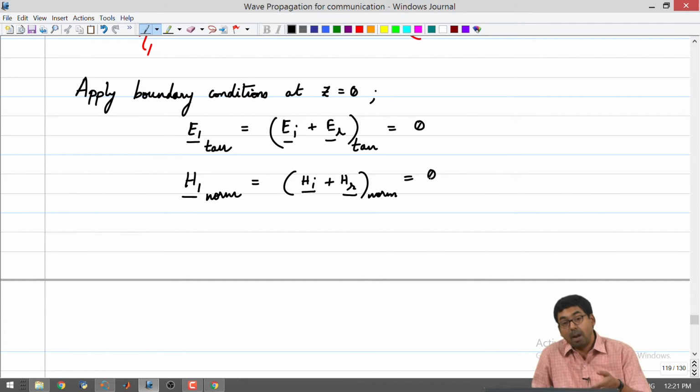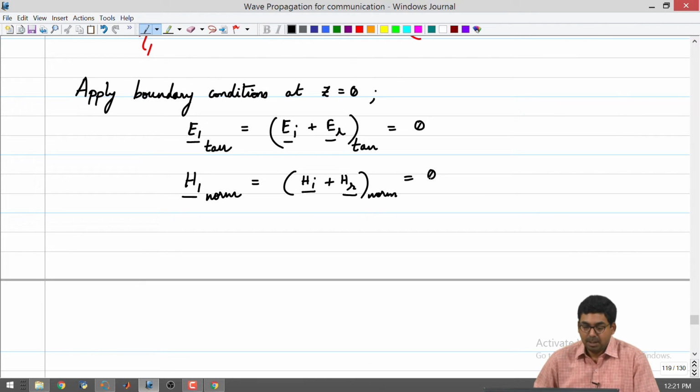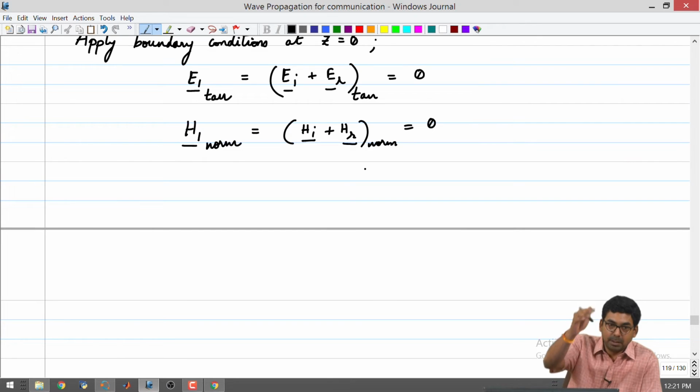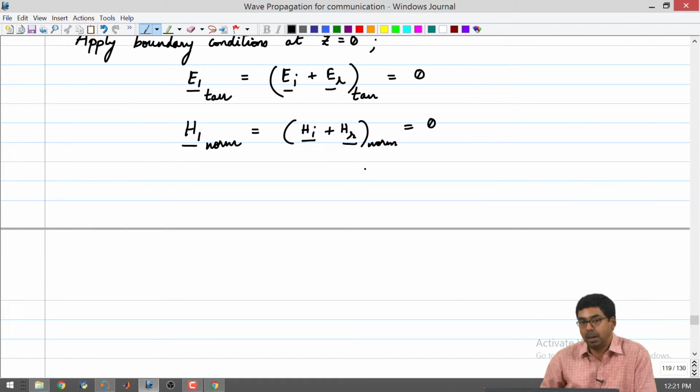So, you have to either remember this or go back and try to derive this for an interface using Gauss's law. But I think it is okay to remember this. H1 norm should go to 0. So, this is the reason that we split the electric field into x and z components, so that we can apply the boundary condition only to that particular component.